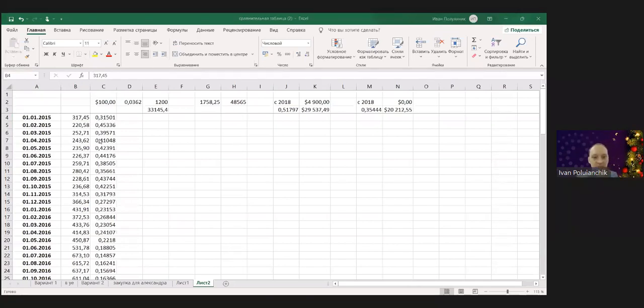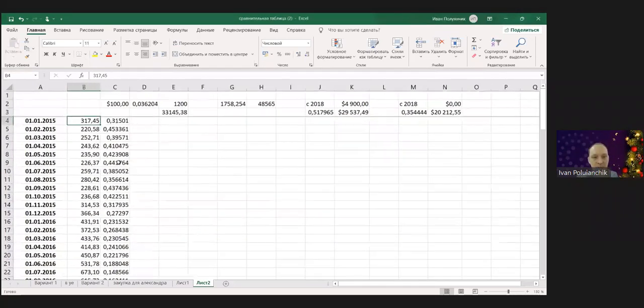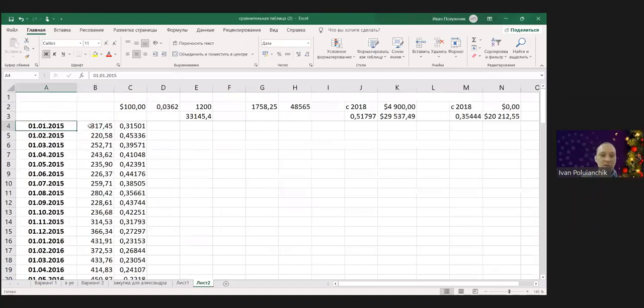Let me zoom it in for you to see better. So look, on the 1st of January 2015, Bitcoin cost $300. Now it costs 100, like 150 times more in just 7 years.